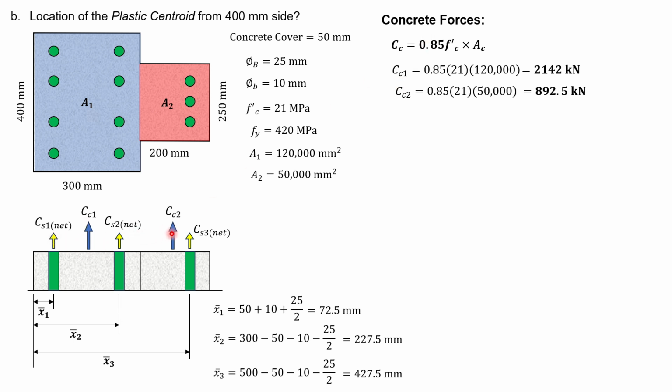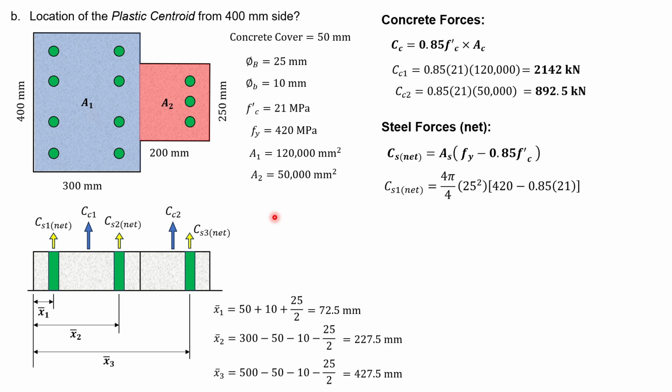Next, we get the C sub S net forces. Okay, the steel forces, which is net, for the C sub S net, we have the formula As times quantity Fy less 0.85 F prime C. Now, unahin natin yung C sub S1 natin. Again, for the C sub S1, we actually have here 4 steel bars on this layer.